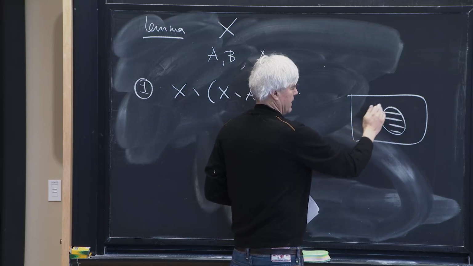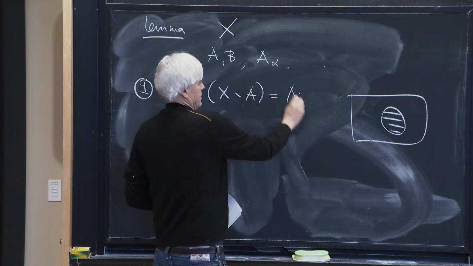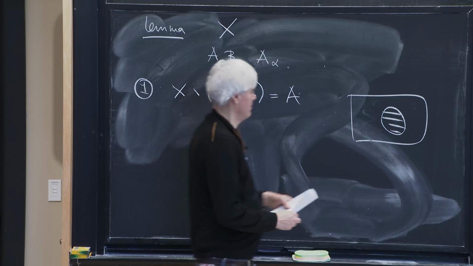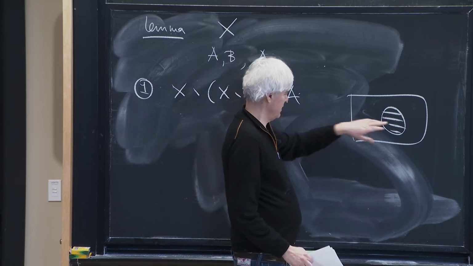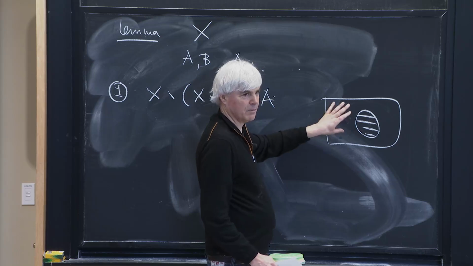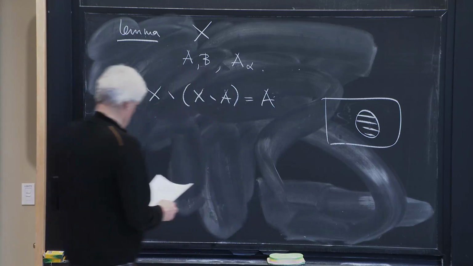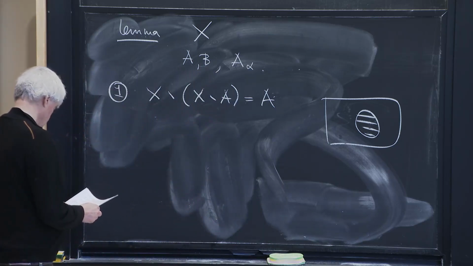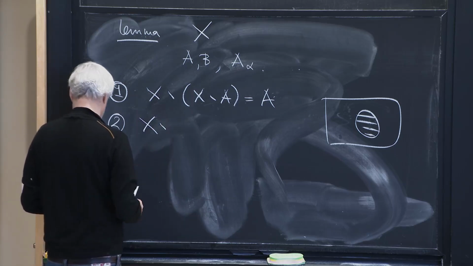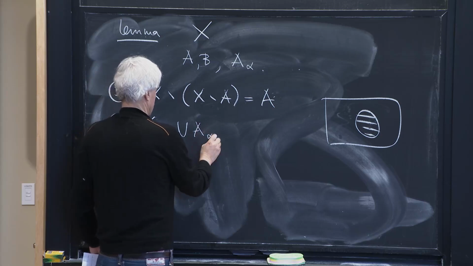But then if it's not over here, then it's A. So the first one is just that. And actually we really proved this, since we're also running out of time. If you have something that is not in A, then it lies here. But if it's not here, then it lies there. That's that statement. Okay. The second one is that if you take the complement of that, it's in the union of these guys.